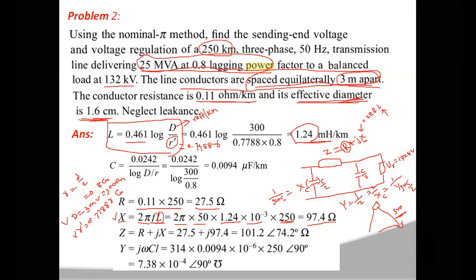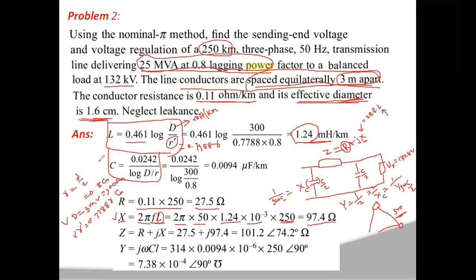Now you calculate the value of C. The C value is also not given in the problem, so you calculate it by using this formula, which we developed in the first unit, the first module. C is equal to 0.0242 by log D by r, and the units are microfarad per kilometer.